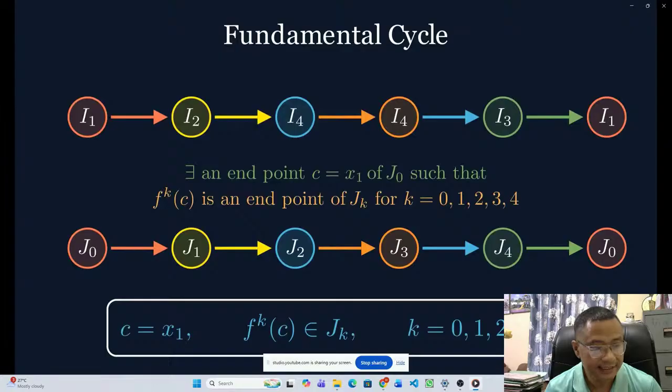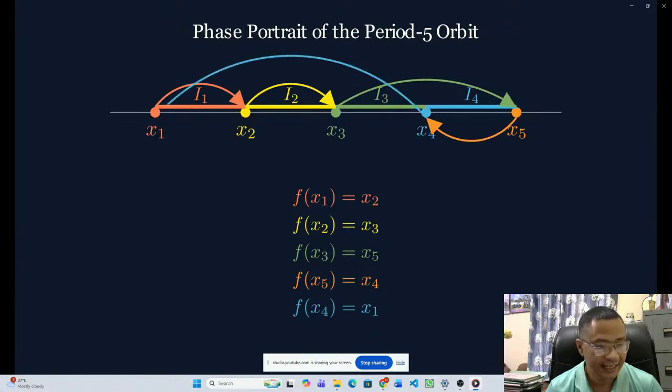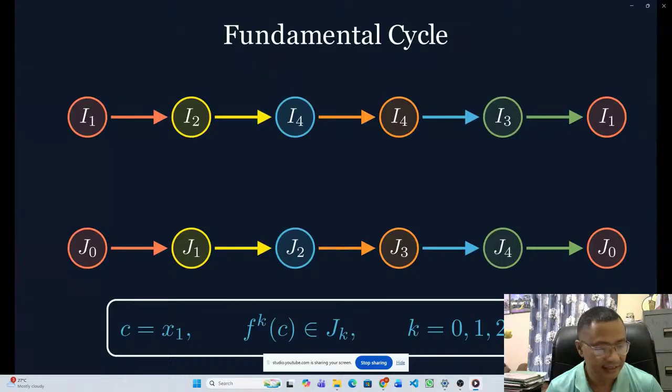So if we take c equal to x1, which is an endpoint of I1 or J0, then f(c) is an endpoint of I2 or J1, f²(c) is an endpoint of I4 or J2, f³(c) is an endpoint of I4 or J3, f⁴(c) is an endpoint of I3 or J4. Lastly, f⁵(c), which is equal to c, is an endpoint of I1 or J0.